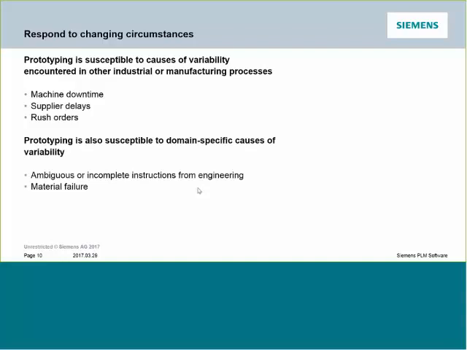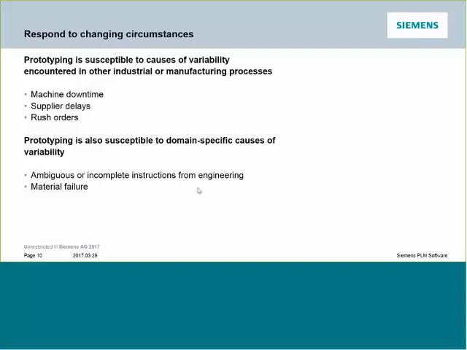But prototyping is also susceptible to domain-specific causes of variability. There may be ambiguous or incomplete instructions from engineering that have to be addressed, and while that dialogue takes place, work on the prototype can be suspended.